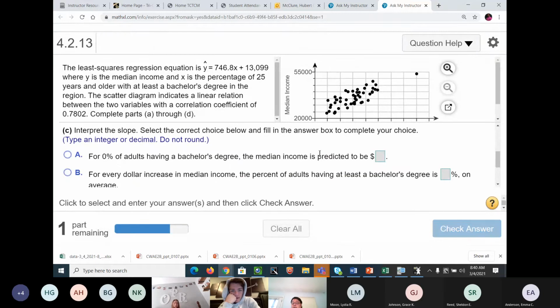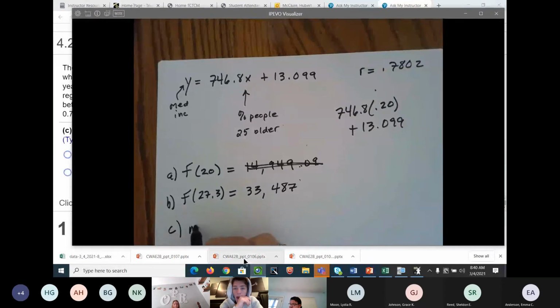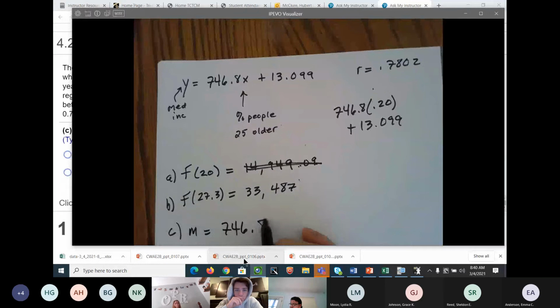All right, now interpret the slope. Select the correct choice. Okay, this is A, this is B, and this is C. C, M is equal to $746.80. So for every step you take, this is vertical over horizontal. So every 1 year, it goes up $746.80.